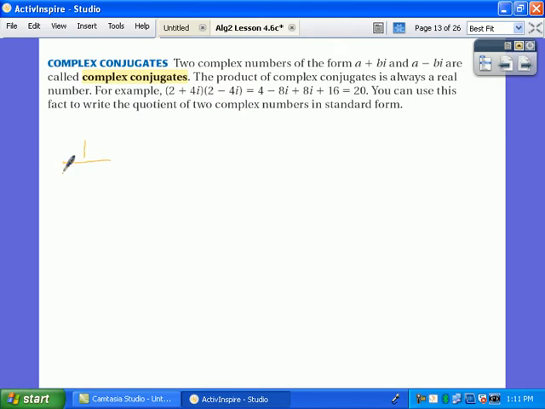So for instance, if I have 1 over 2 plus radical 3, we have a rule in mathematics that says you're not allowed to have a square root on the bottom. And so to get rid of it, we rationalize the denominator by multiplying by the conjugate. So if it was 2 plus radical 3 here, the conjugate is 2 minus radical 3. And of course, we have to do that in the top as well.